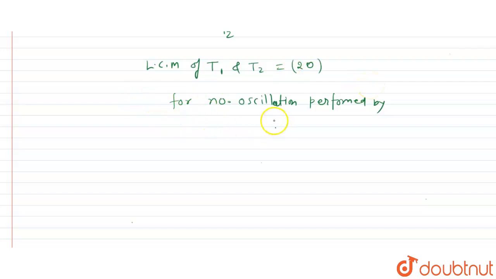So here we have to calculate the number of oscillations performed by the first pendulum only, according to the problem.